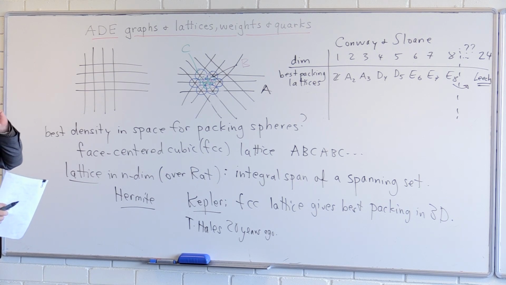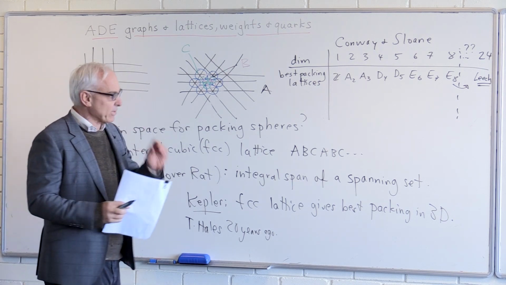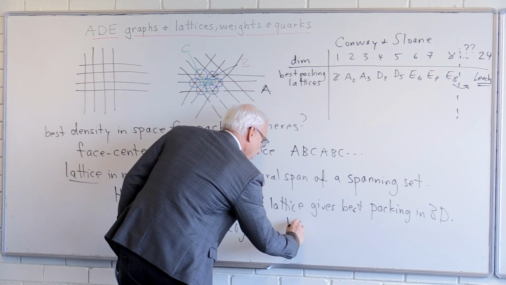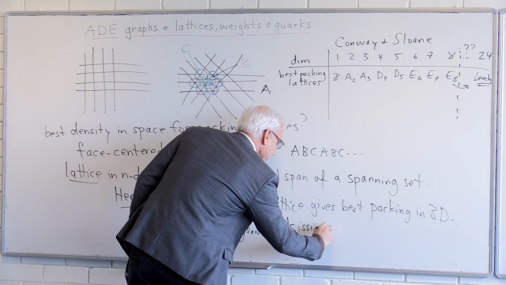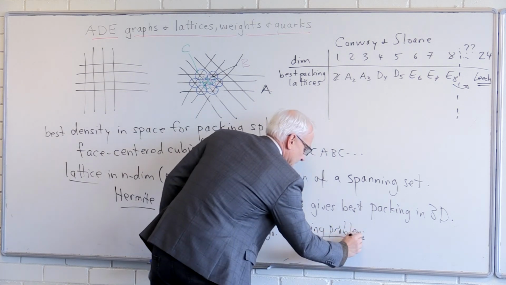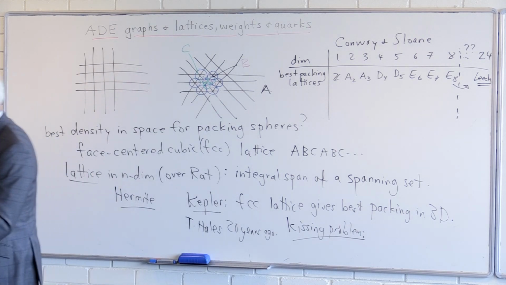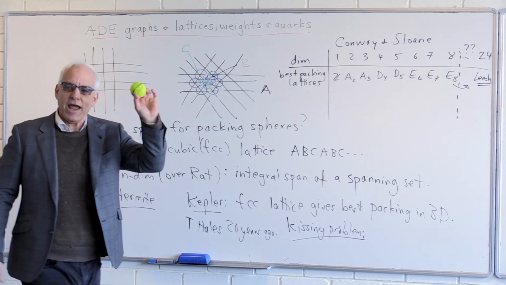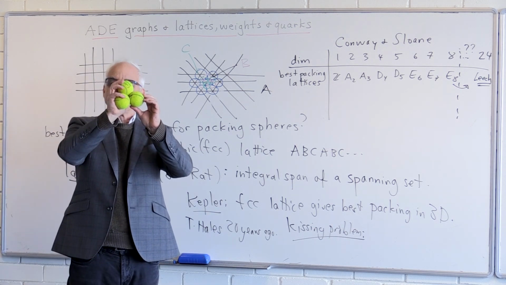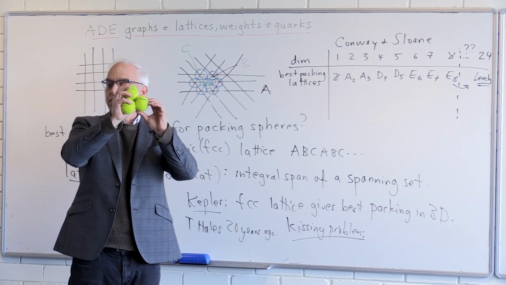I will explain what these lattices are in a second. But I want to also describe a related problem, which is the kissing problem. It also goes back to classical origins. If you have a sphere, you can ask, how many other spheres can you put adjacent to the given sphere?